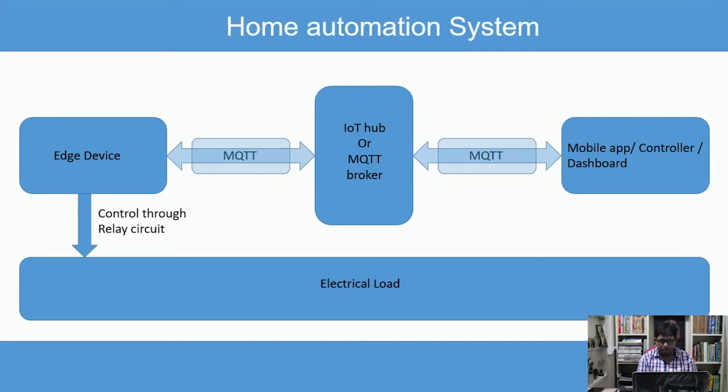Let's see what exactly this architecture follows. It is also very evident that this edge device, the Node MCU, is connected to an electrical load by a relay circuit, an interfacing circuit. We'll discuss the relay and the circuitry a bit later on.